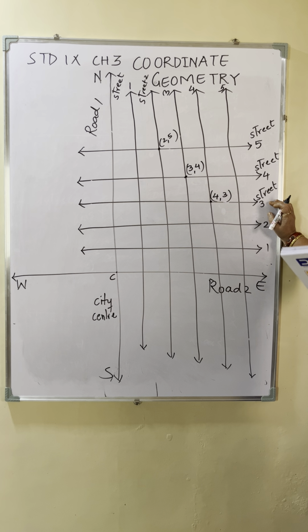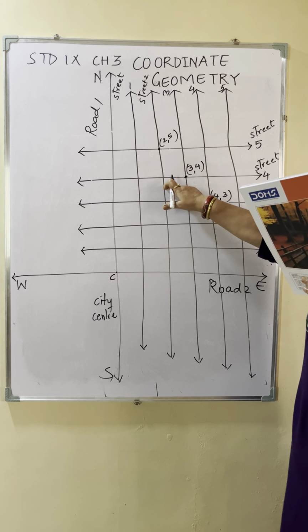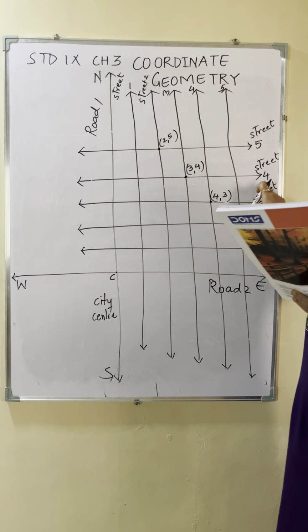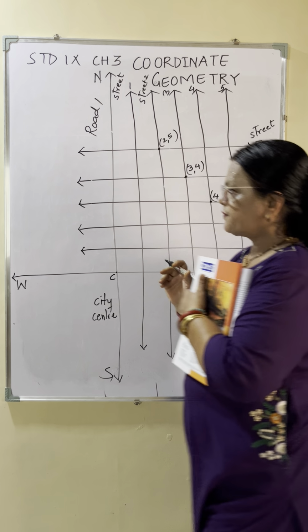Now come to 3, 4. Second is 3, 4. Where is 3? 3, 4 in the north-south direction and 3 and 4th in the east-west direction. Clear? Now we are going to exercise. So just draw this figure.